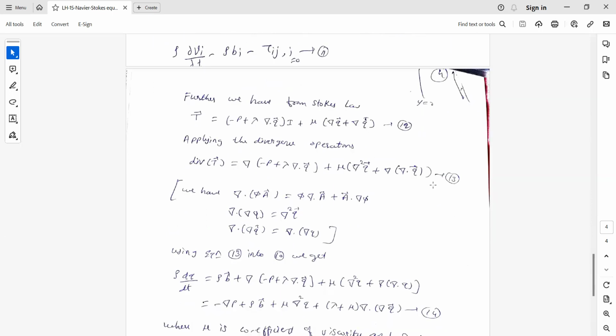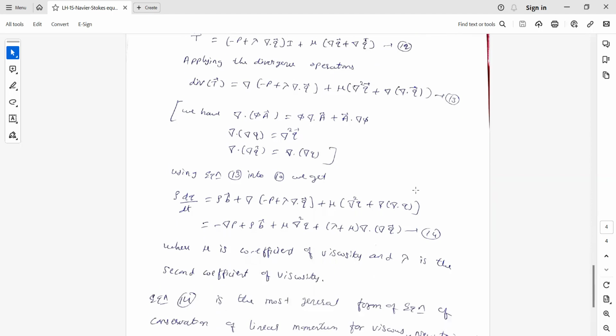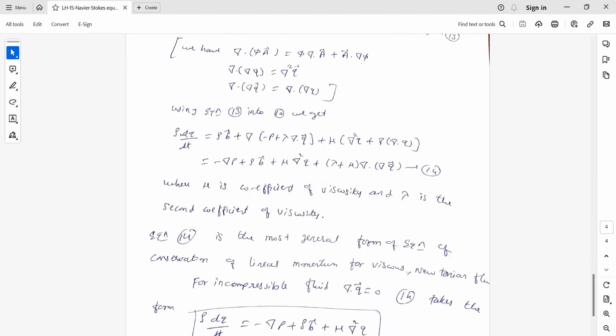Now substituting equation 13 in the 10th equation, we get rho dq/dt equals rho b plus grad of minus p plus lambda grad dot q, plus mu grad square q plus grad of grad dot q.